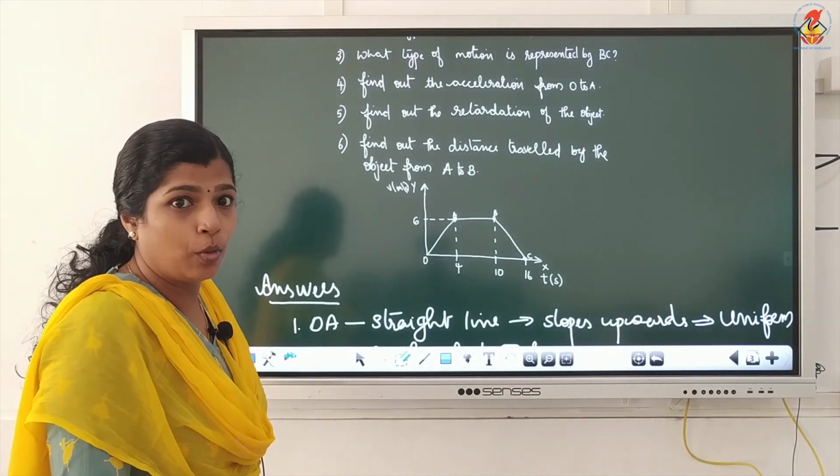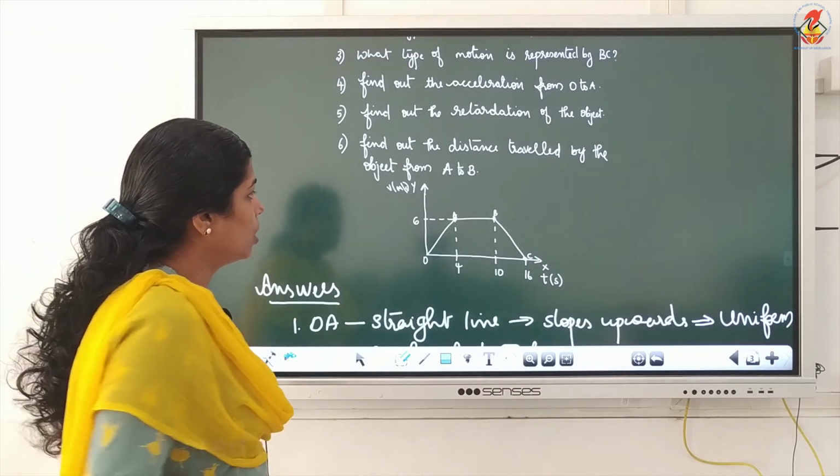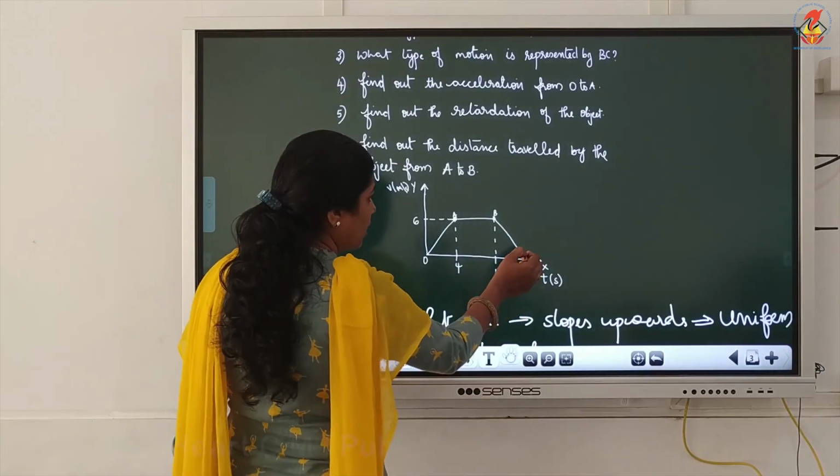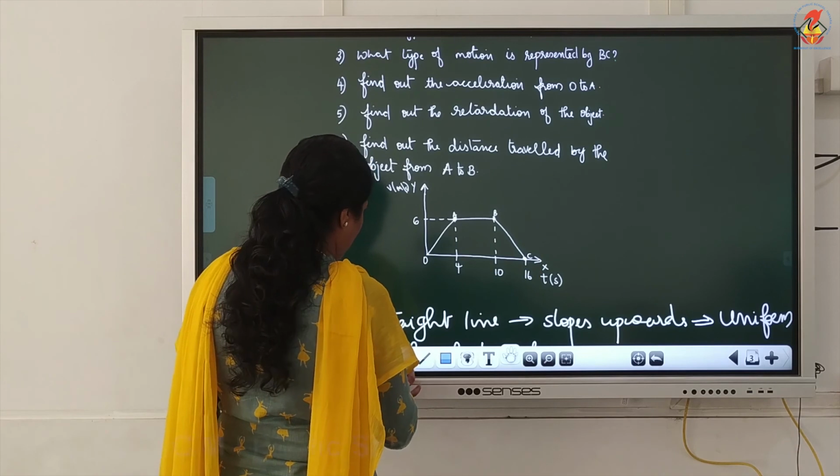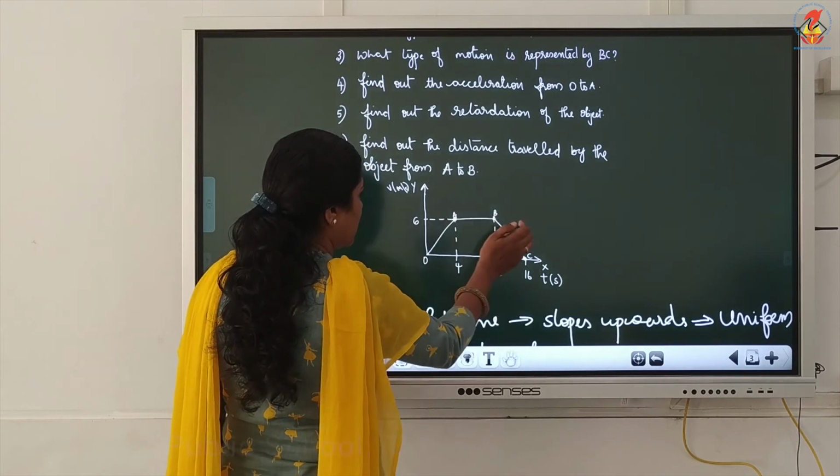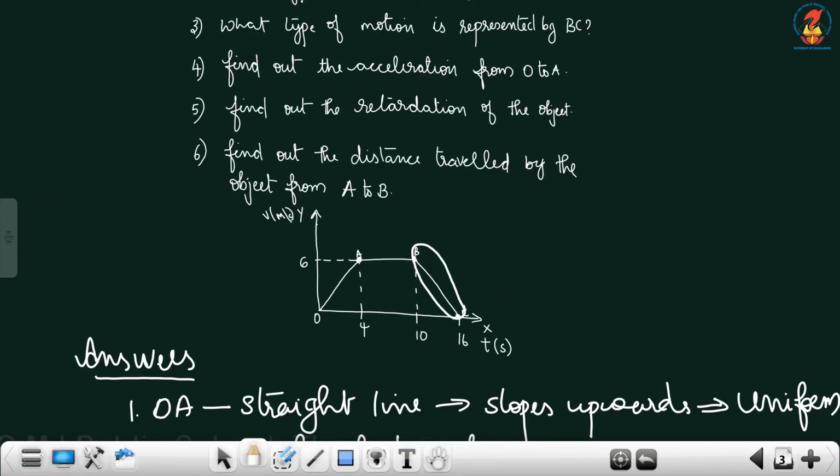The graph is sloping downwards. So, this portion BC represents retarded motion. So, you need to find the acceleration, retardation and the distance travelled.